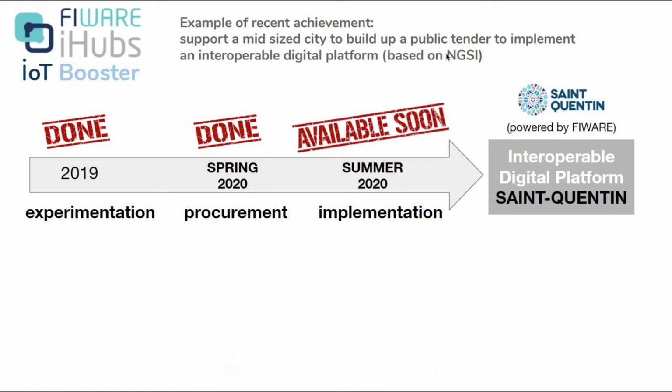We started with some experimentation, and then at the beginning of this year, we worked to structure a public tender and started the public procurement process. And now the announcement of the selected solution will be released in the coming weeks. So probably the implementation will be available very soon.